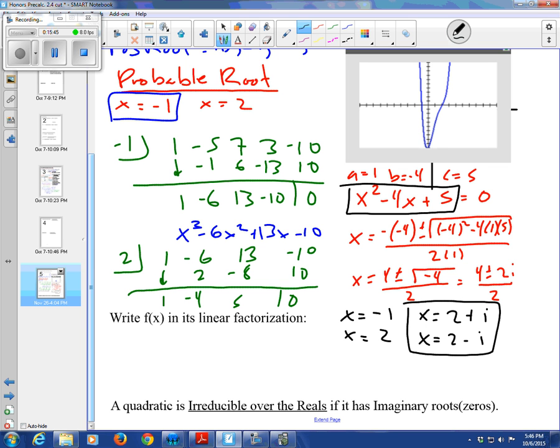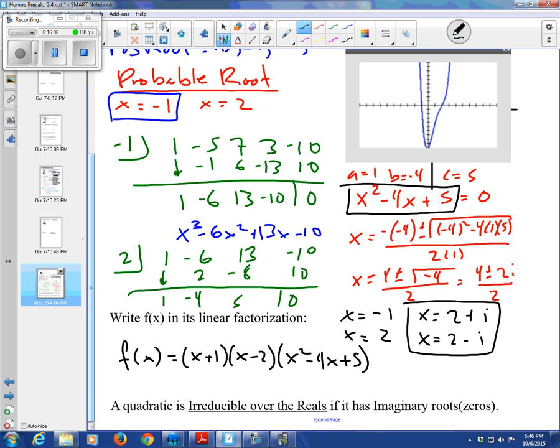So right here, a linear factorization is going to look like this. f of x equals, and then I've got the linear factor that goes with negative 1 as the root, so that's x plus 1. And then right here, x minus 2 for the root of 2. And then right here, I've got x squared minus 4x plus 5.